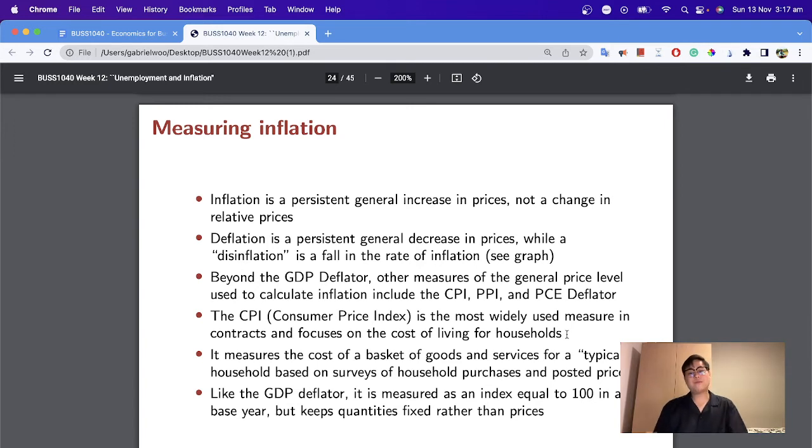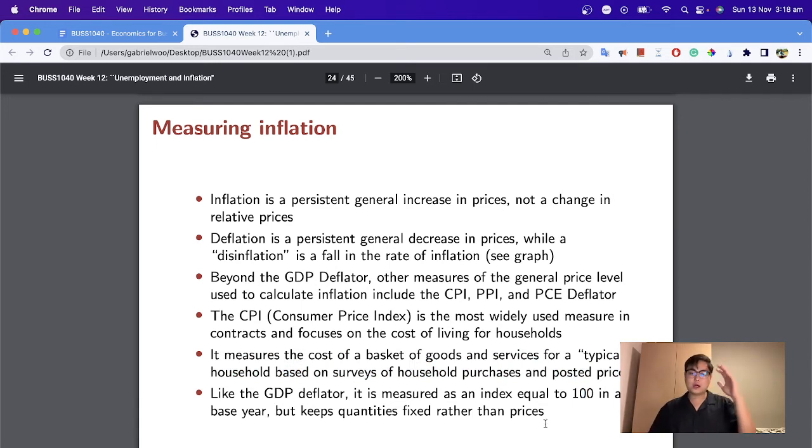We've previously talked about inflation in relation to the GDP deflator, and real versus nominal GDP, and now we want to hone in on the idea of inflation. CPI measures the cost of a basket of goods and services that a typical household will likely purchase. Like the GDP deflator, it is an index based on 100.